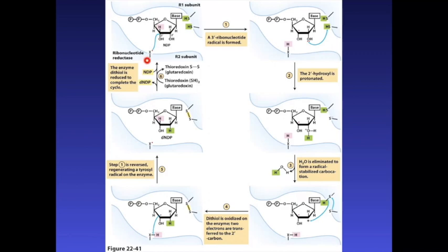Remember, this radical was a tyrosine. All right, and one electron will pick up the proton, and one electron will stay as a radical on the carbon. Okay, that makes this whole ring structure a little bit more unstable. Next, the water will deprotonate the sulfur. What you can't see really well, and I'm going to articulate, is there is a negative charge now on the sulfur.